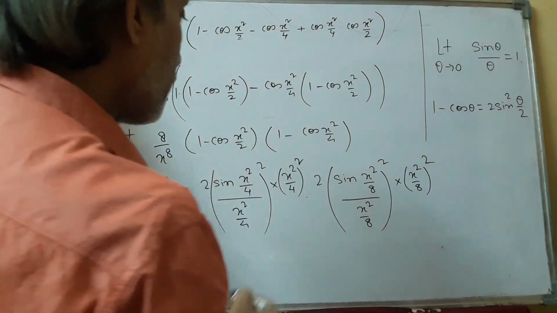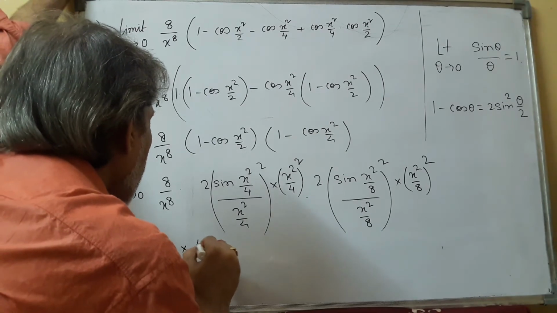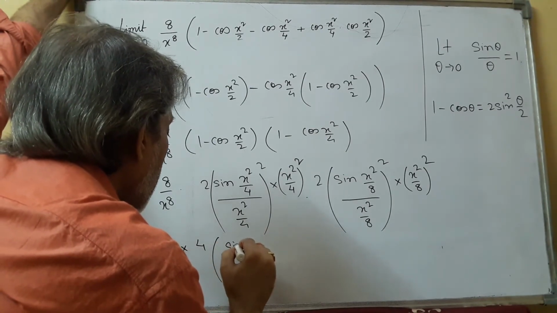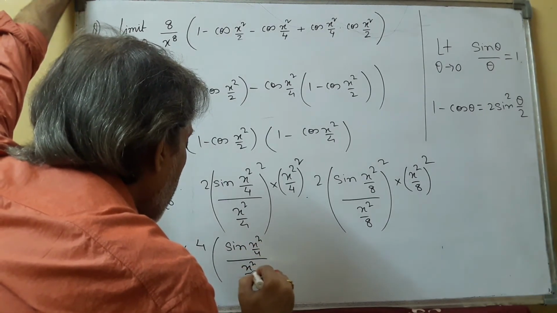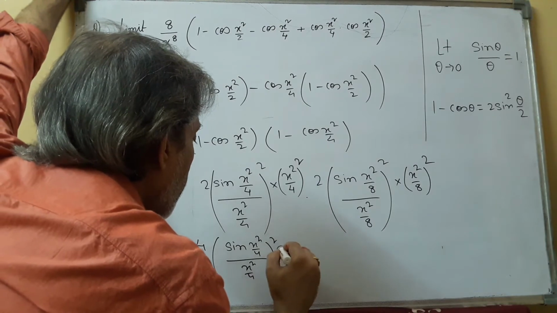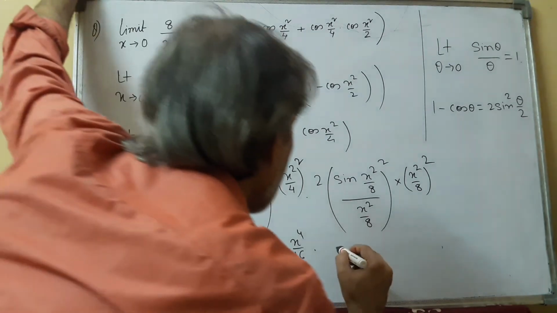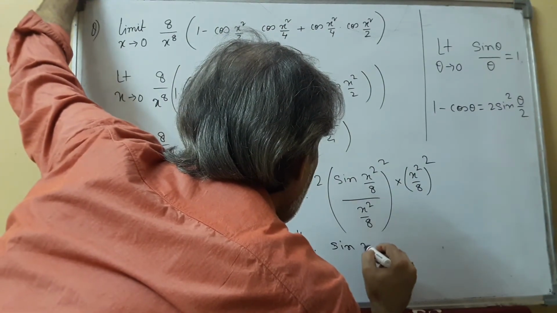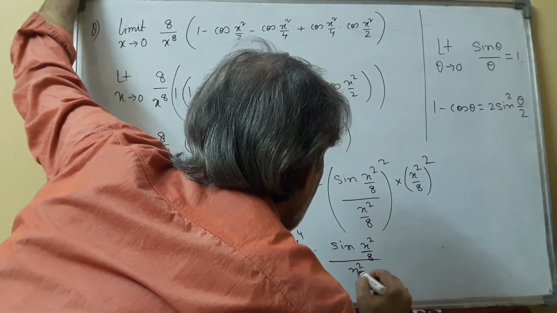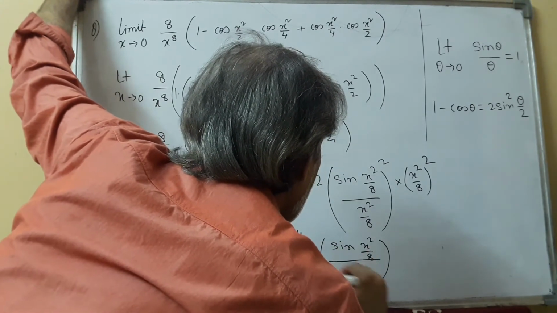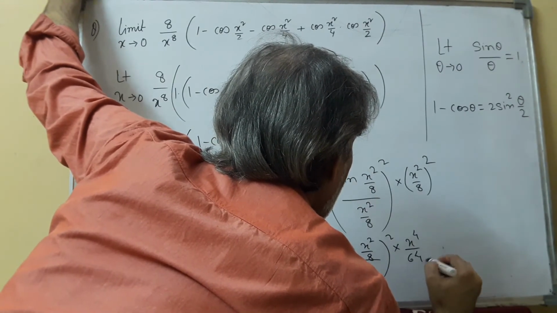Now 2 to the 4, you can write it here 4, x 4 by 16, x 4 by 64.